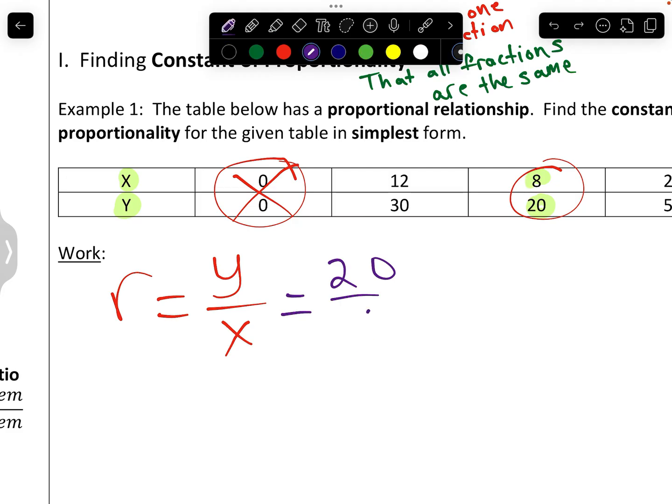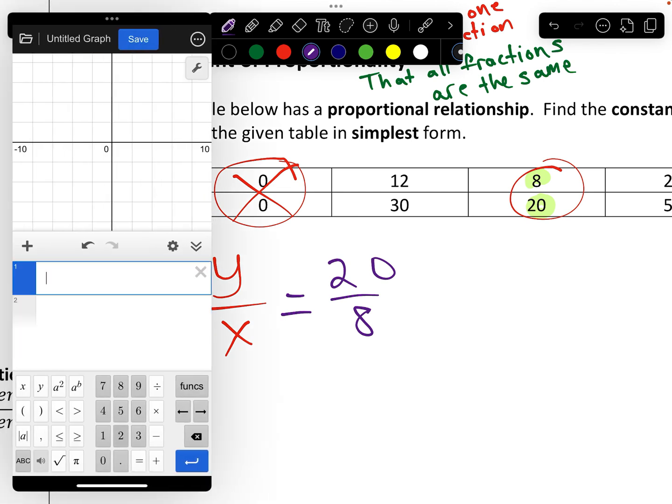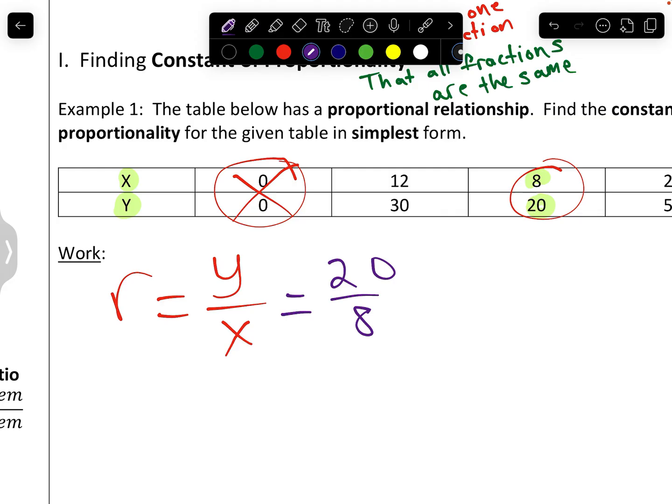Sorry, that's ugly. Now before, what we would do is we would just divide these. 20 divided by 8 is 2.5 over 1. But with constant of proportionality, I cannot have a decimal. So we got to simplify this 20 over 8. Okay?